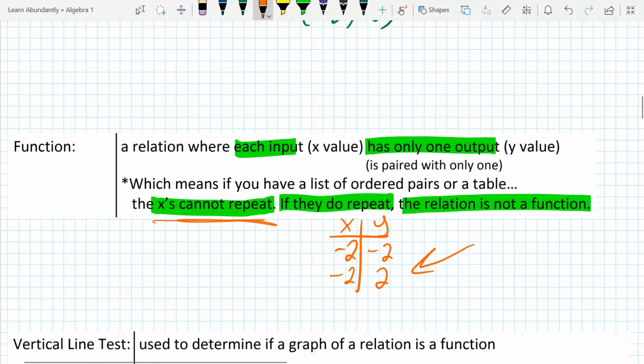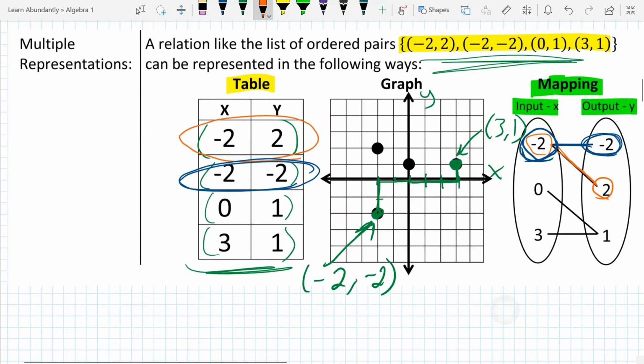But our rule says that each input has only one output. So every time I get a negative 2 for an x, I should get the same y. But that's not what happened. In fact, our mapping shows us this. When we look at our mapping for that, negative 2 went to two different places, and that's not okay.